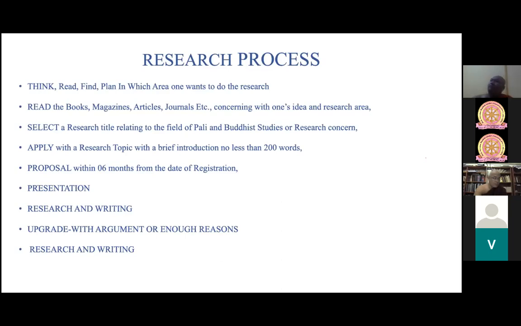Their titles are mostly relevant to the scientific, medical field, not religious or Buddhist study. When you are going to do your research at a university or an institute that focuses on a particular area, your research title should be relevant to their focus area. There should be at least one connection. Otherwise, they won't accept it.